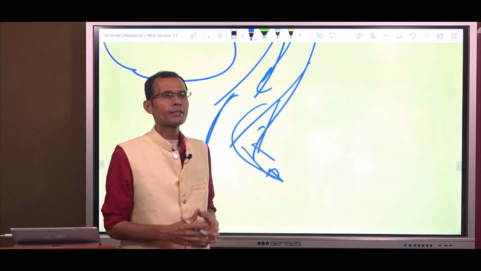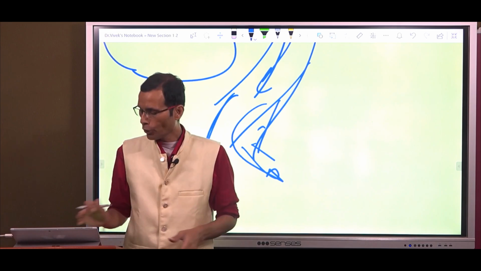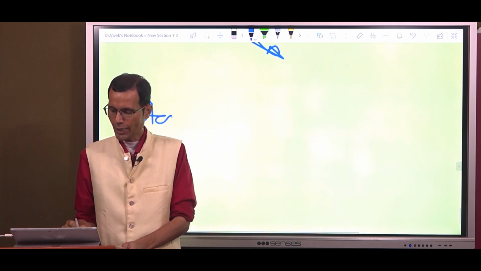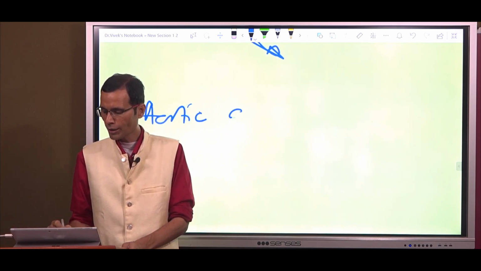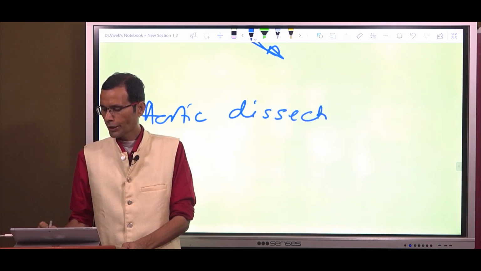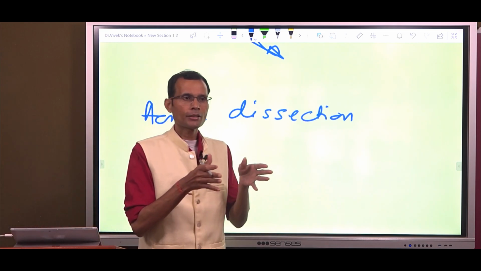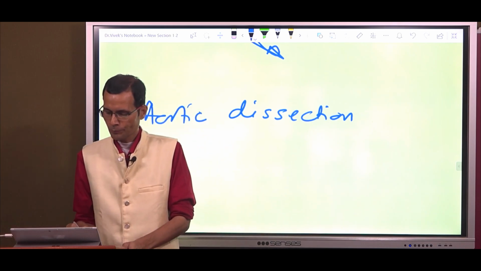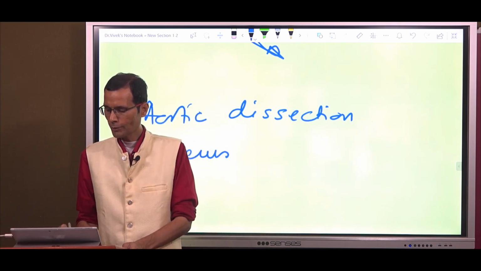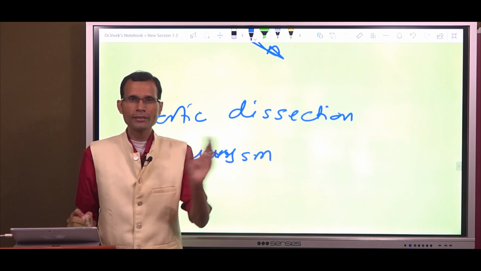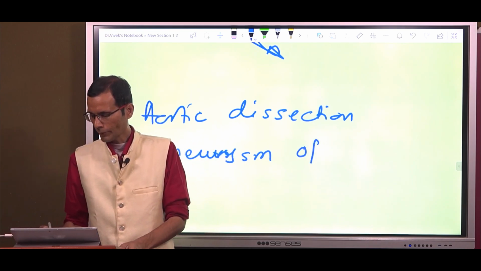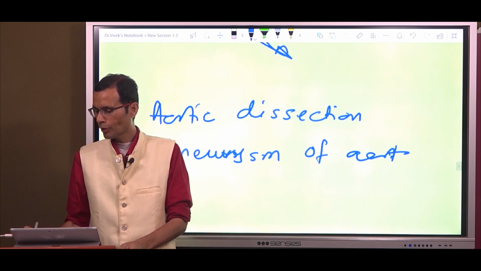There are conditions like aortic dissection or aortic aneurysm, aneurysm of the aorta. Aortic dissection, dissection is a dissecting wall of the aorta, or aneurysm of the aorta, a localized dilation. In such conditions, aneurysm of the abdominal aorta.